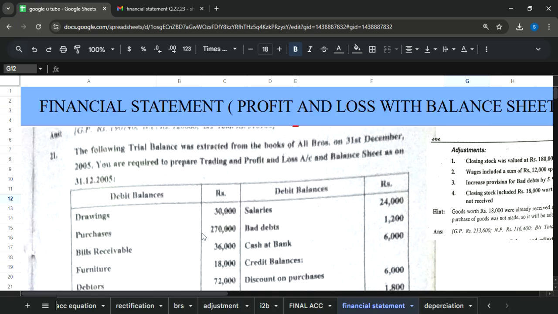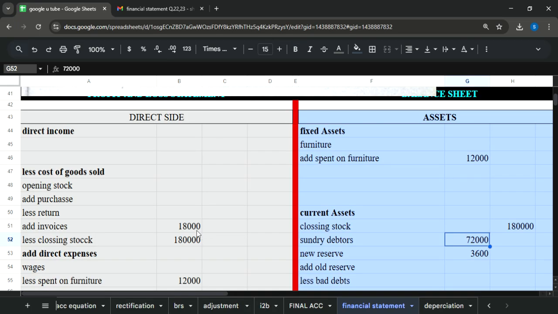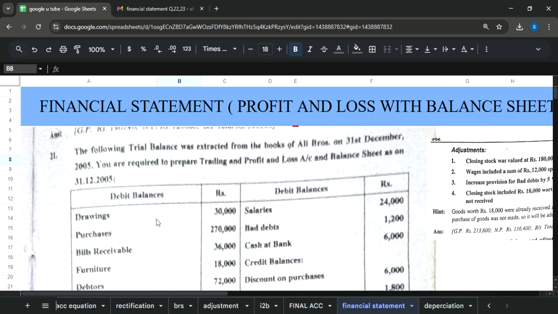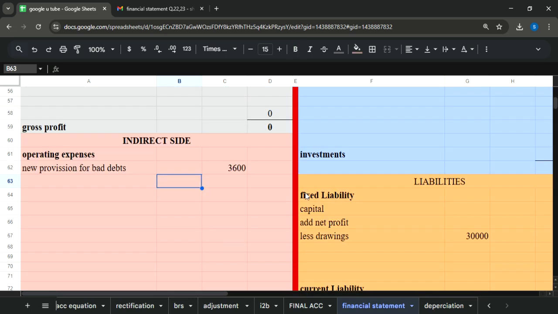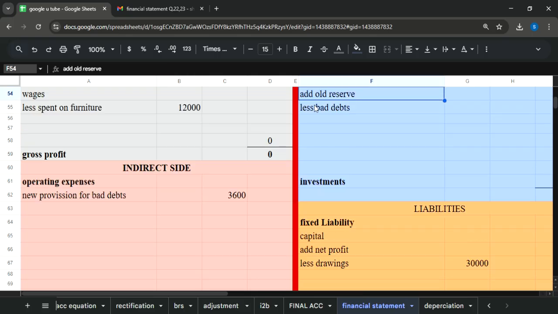After which we have purchases 270,000. 270,000 would be written over here, for which we have already fixed the place. Then we have bill receivable, a current asset. So you will go over here and mention bill receivable.